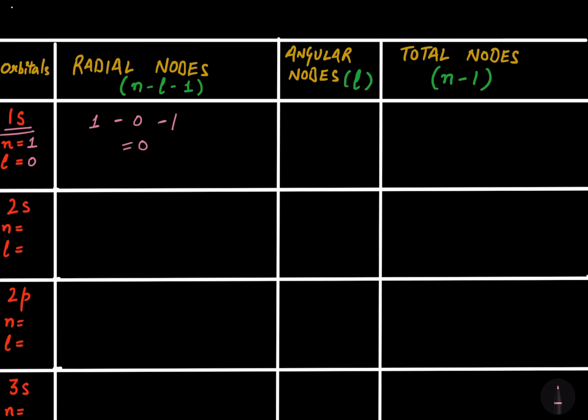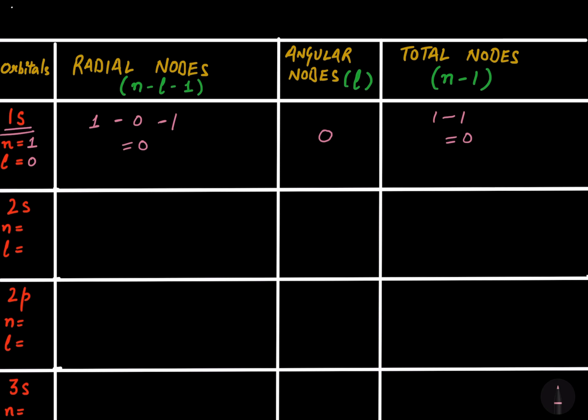Now let's calculate the angular nodes. Angular node is equal to the azimuthal quantum number. In case of 1s, the azimuthal quantum number comes out to be 0. So here angular nodes are also absent. So total nodes will be n minus 1, which is 1 minus 1, that's also equal to 0. As we are not having radial node or angular node, obviously the total number of nodes will be 0.